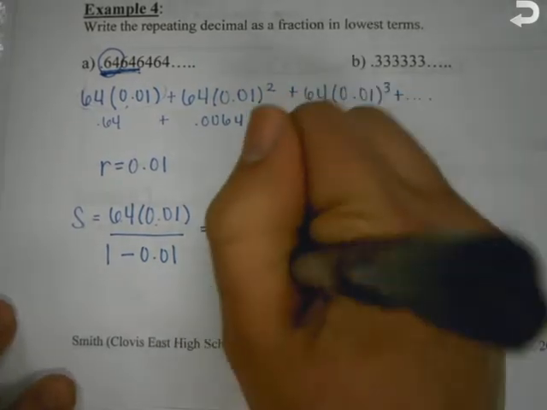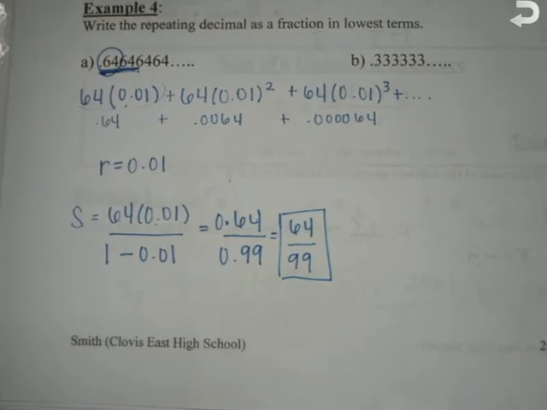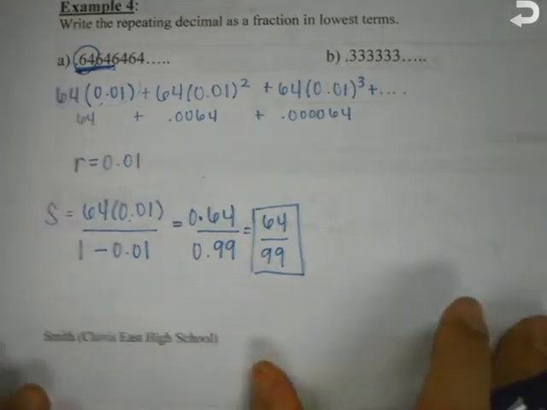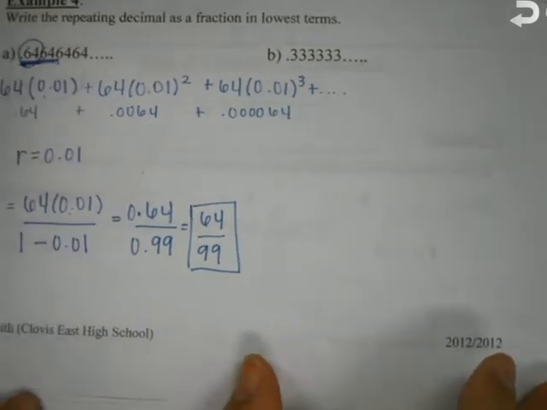Not too bad, right? This is pretty much the same process every single time. When we are looking at something like part B, there's only one number being repeated. What is it? 3. So R is a little bit different, but it's the same idea.